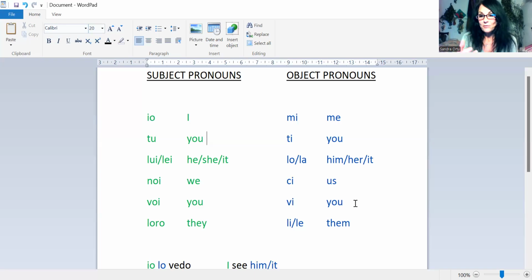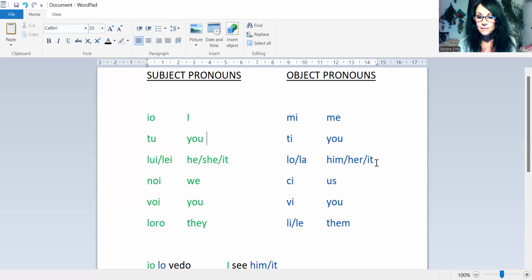So if you see the you out of context, it can be anything, but in a sentence, you have to think, does this you mean vi or does it mean voi? Does the you mean ti or does it mean tu? So how is it used in the sentence?